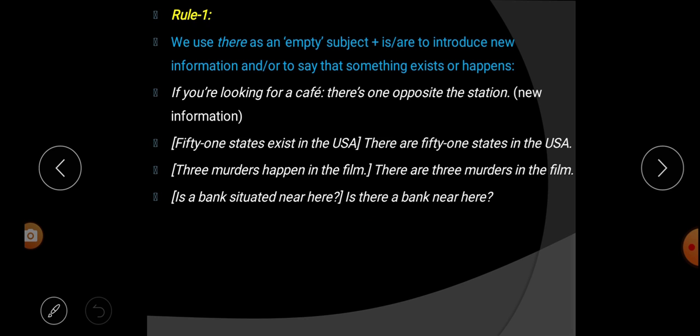So that's why we use there as an empty subject plus is for what? For introducing new information or to say something exists or to say something happens. So I hope you understood rule number 1, how to use introductory there.